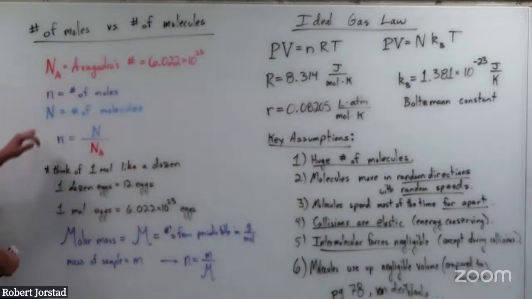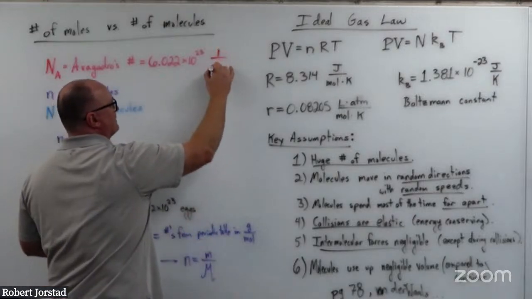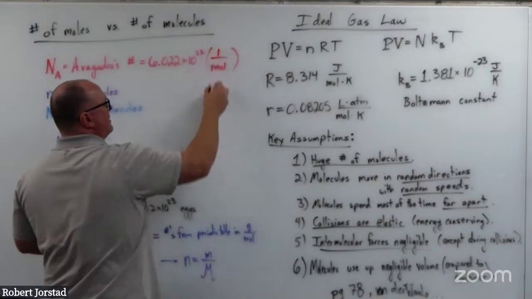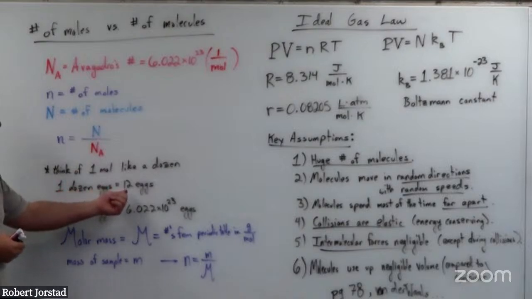So we've got Avogadro's number. That's 6.022 times 10 to the 23rd. Sometimes you'll see this written with units, 1 over mole. Now, I want you to think about the term mole like the term dozen. If I say I have 1 dozen eggs, I have 12 eggs.